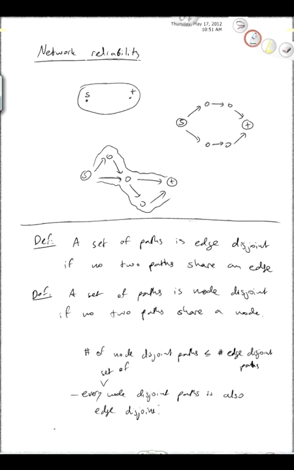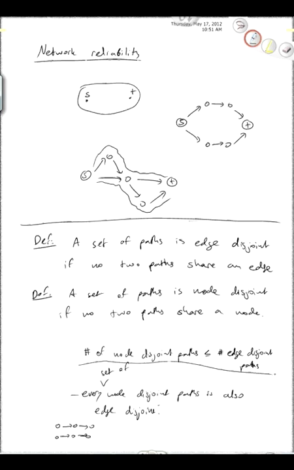Why is this? It's pretty simple. If two paths don't share a node, there's no possible way for them to share an edge. So that's why the number of node disjoint paths is always less than or equal to the number of edge disjoint paths.